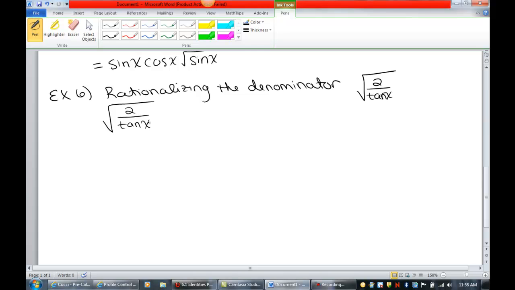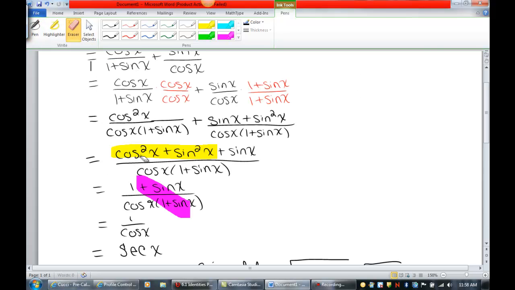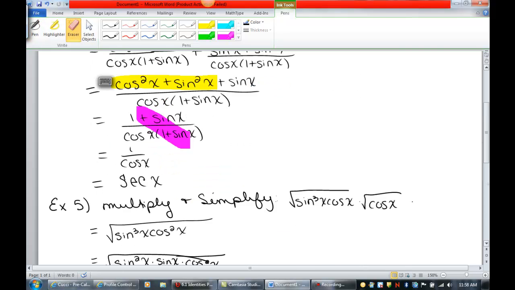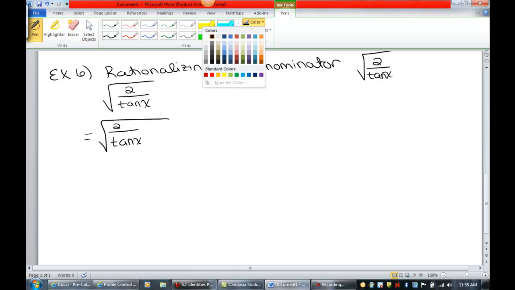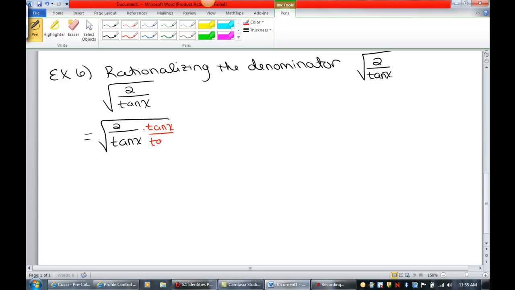Okay? So, what we're going to do, in order to turn tangent x into a perfect square, is we're going to multiply it by tangent x. Okay? And remember, it's a fraction, so what we do to the denominator, we must do to the numerator.